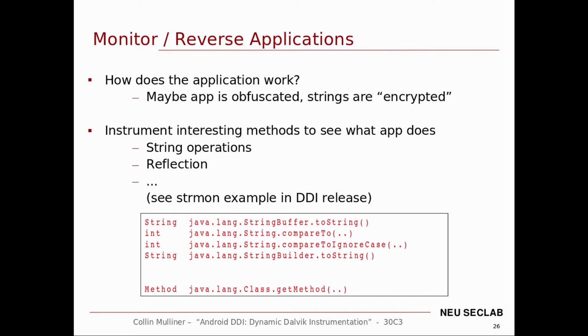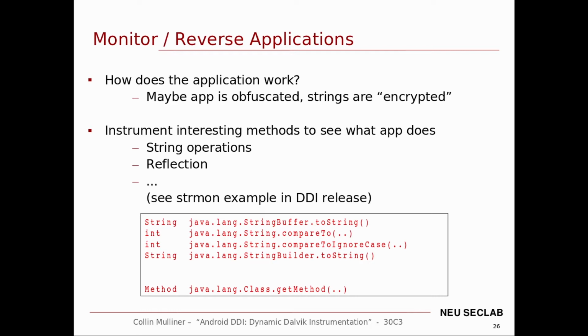So with this technique, you can already do some lightweight monitoring and reversing. Maybe you have an application which is somehow obfuscated. Maybe there is some string encryption, or maybe some reflection to do more obfuscation. So I created a small demo library called String Monitor, where I hook into various string classes like StringBuffer, toString, and comparison functions.